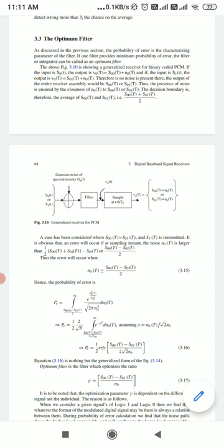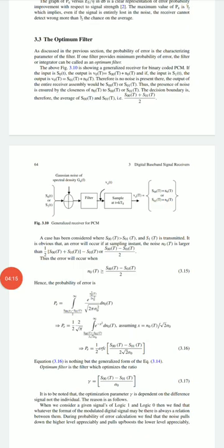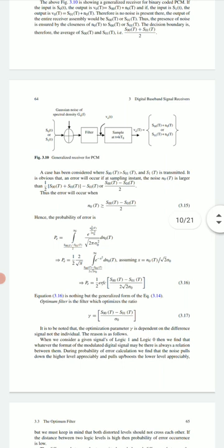An error will occur at the sampling instant if the noise n0(t) is larger than one by two of s00(t) plus s0(t) minus s01(t). So the error will occur if the noise n0(t) is greater than or equal to s00(t) minus s01(t) upon 2. So the probability of error is equal to 1 by 2 erfc of the quantity s00(t) minus s01(t) upon 2 square root of 2 sigma 0.